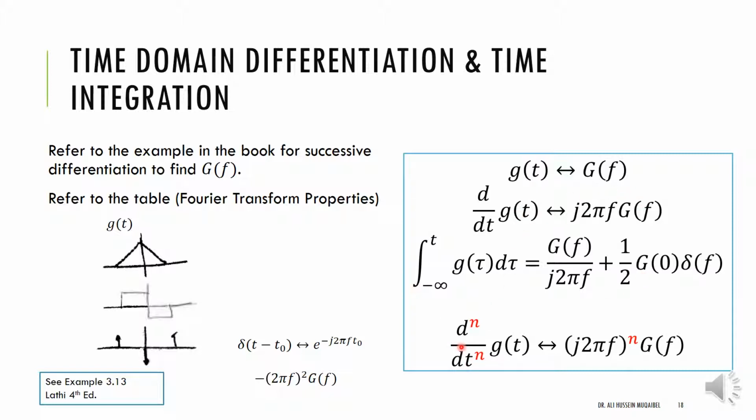If you differentiate n times, that's the nth order differentiation. It's like multiplying by j omega n times. There are examples in your book, and I advise you to visit these examples. Sometimes we are given a function, and we can find its Fourier transform by first differentiating it until we get squares or deltas. We can find the Fourier transform, and we can get back to our function by just scaling with j omega.